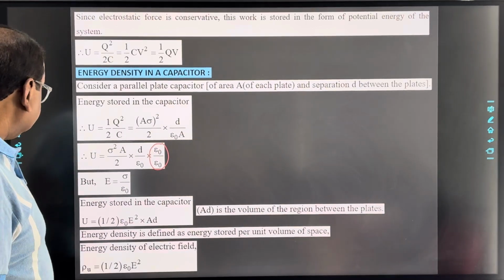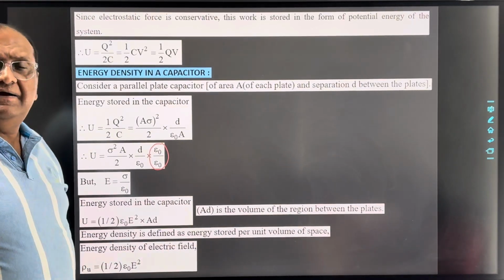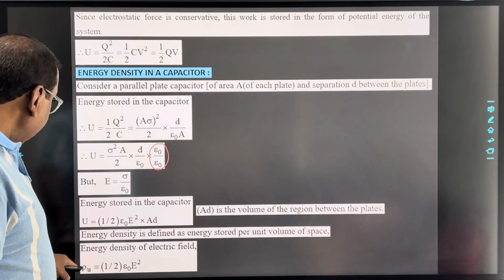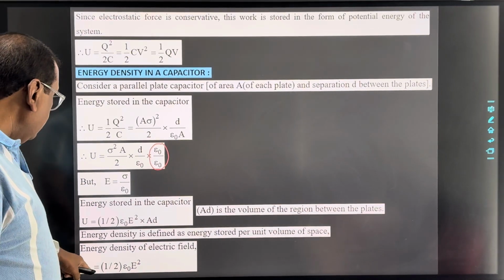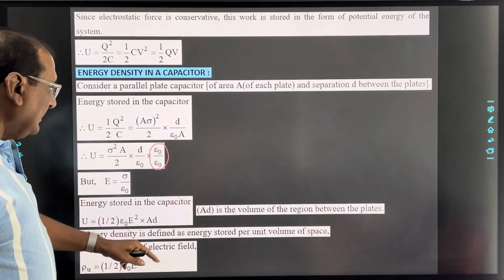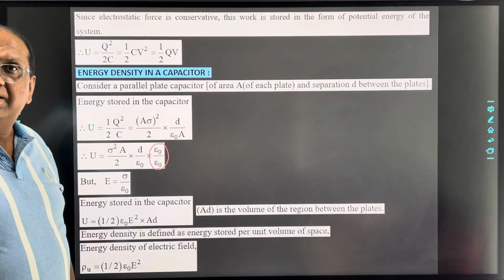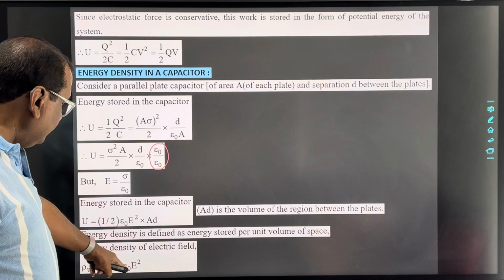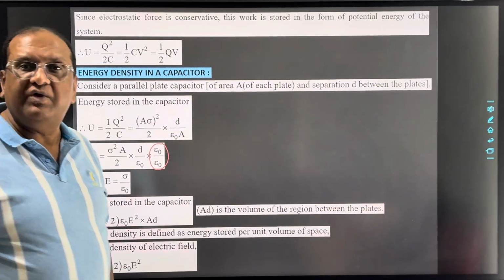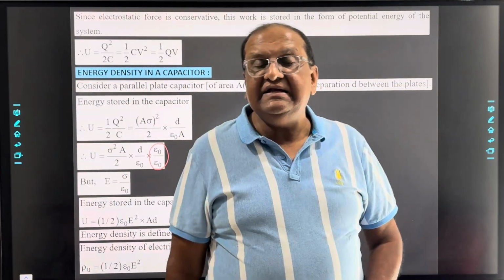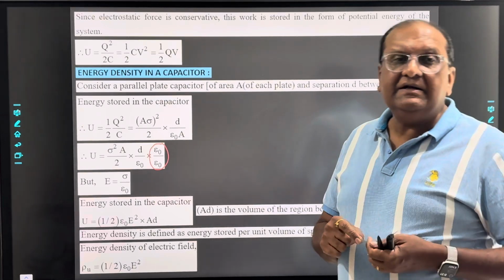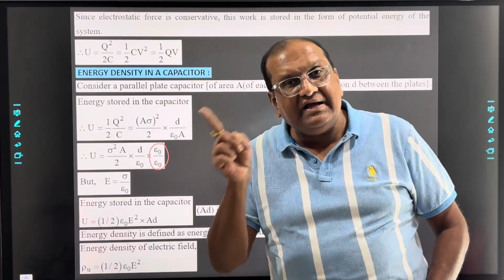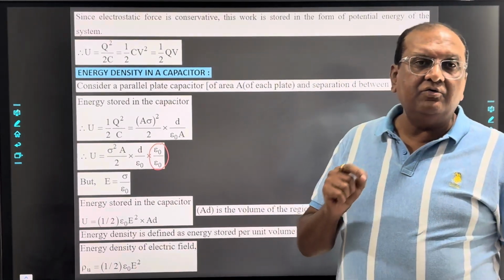So the energy density of the electric field in the capacitor is rho U equals half epsilon 0 E^2. Half and epsilon 0 are constants, multiplied by E^2. So we can say that in a capacitor, energy is stored in the form of the electric field. Clear to all of you?